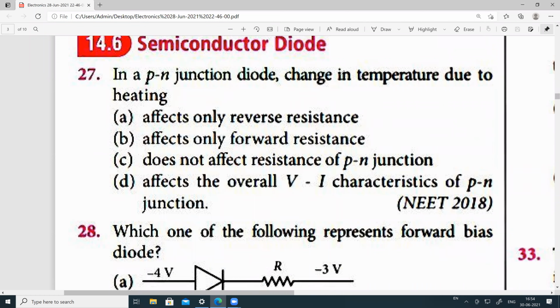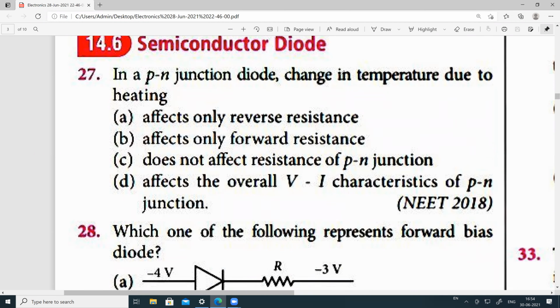Next, 27th one. In a p-n junction diode, change in temperature due to heating: first option affects only reverse resistance. Second one affects only forward resistance. Third one does not affect resistance of p-n junction. Fourth one affects the overall VI characteristics of p-n junction.